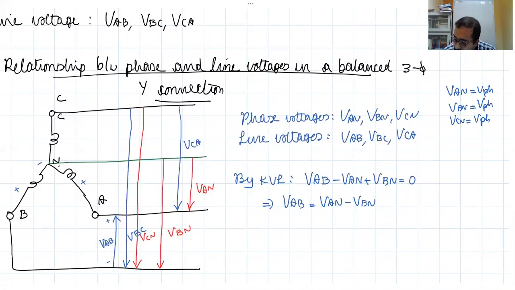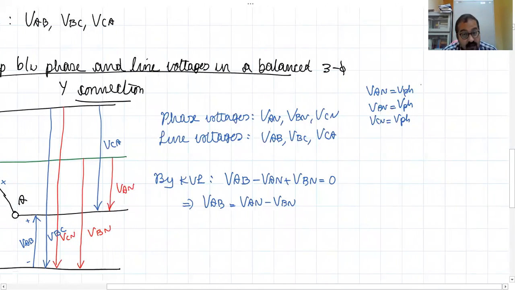Now if you take ABC phase sequence, the positive phase sequence, and VAN as the reference. This is my VAN, this is VBN phasor, and this is VCN. I can write this as angle 0 for ABC phase sequence. Following ABC phase sequence, this will be minus 120, this will be minus 240. Just substitute that here.